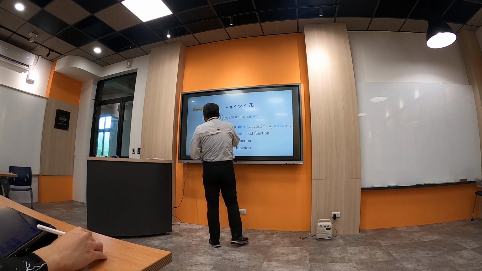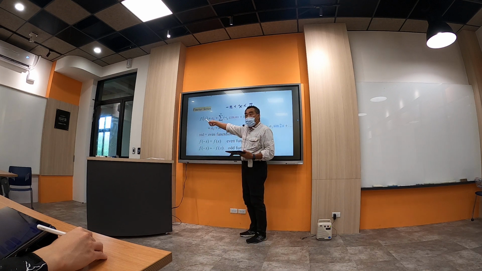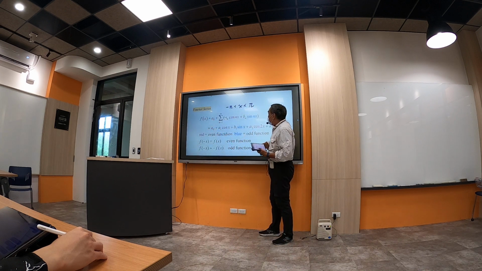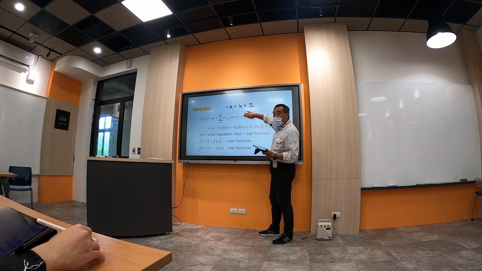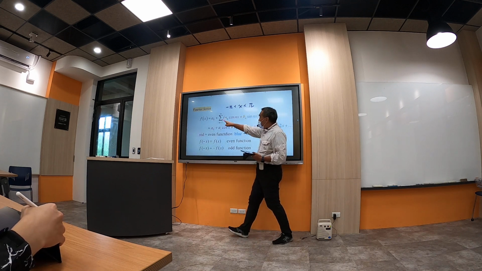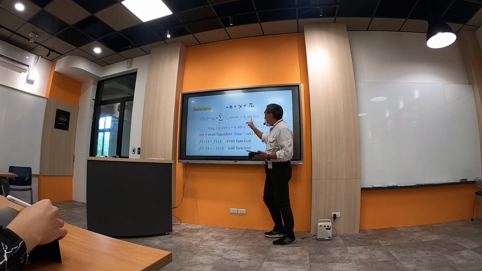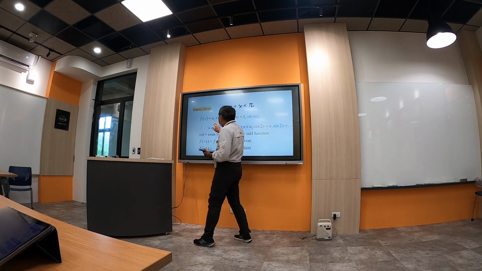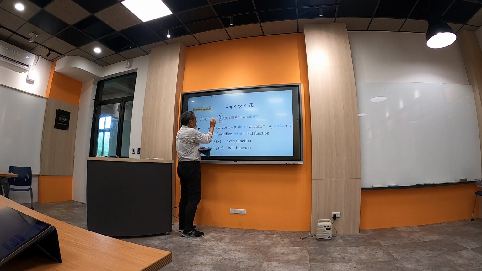And if the f(x) is an even function, then all the bn equal 0, such that this part vanished. Agree? And if this f(x) is an odd function, then this term equals 0, and all the coefficients here equal 0, such that this term vanished.